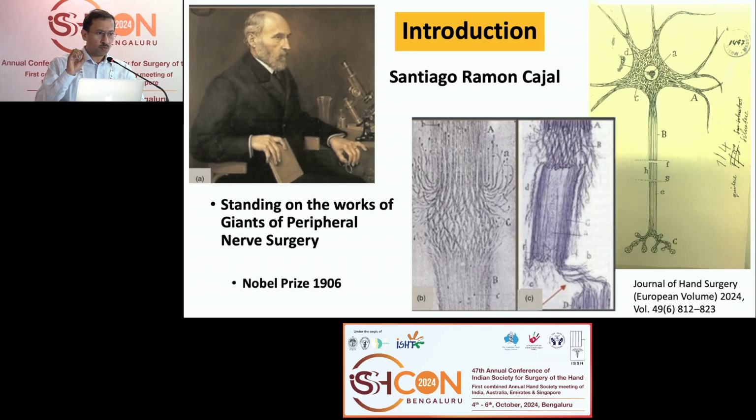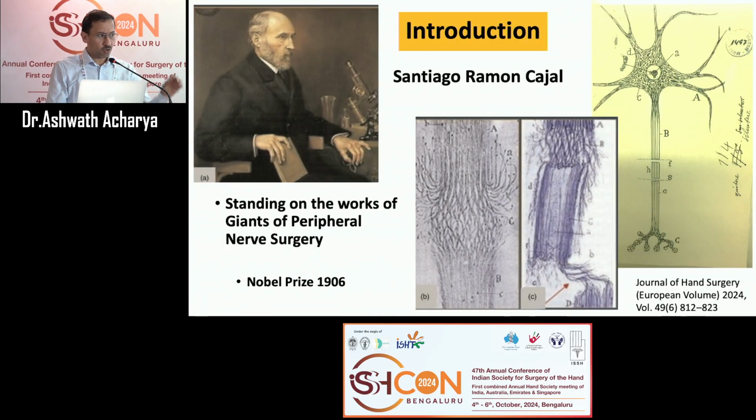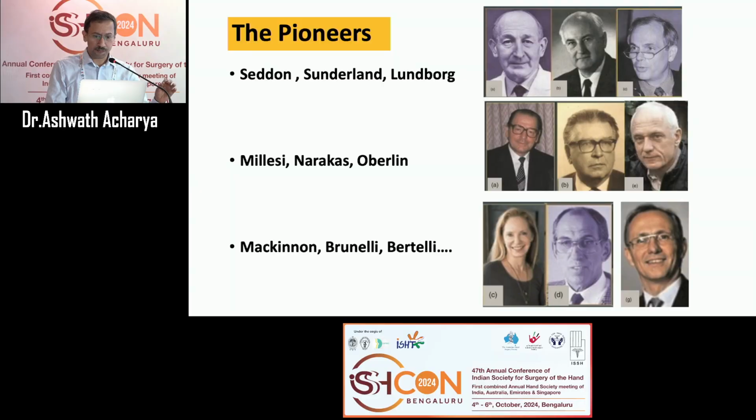Now it was almost 100 years back, and the same diagram still holds today. The concept of staggered regeneration, which is being talked about so much of late, was exactly the same as what he drew, although that knowledge was not there at that time.